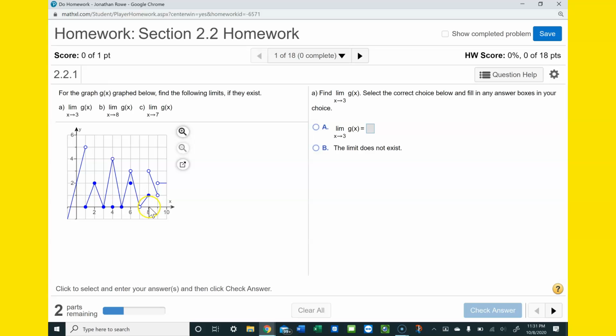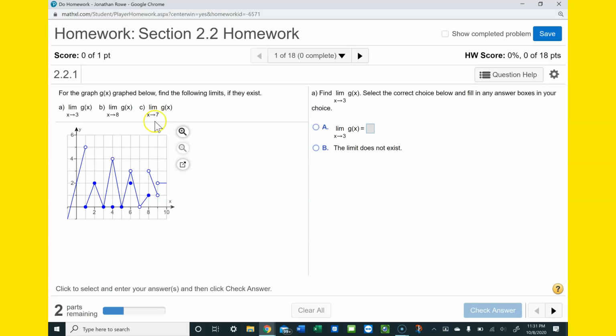So here is where x approaches 8, but the problem is here it doesn't exist, because there is not one value that the function approaches as x approaches 8. As x approaches 8 from this left side, it's approaching 1. But as x approaches 8 from this right side, the function value approaches 3. So it doesn't approach just one value as x approaches 8, so the limit doesn't exist.